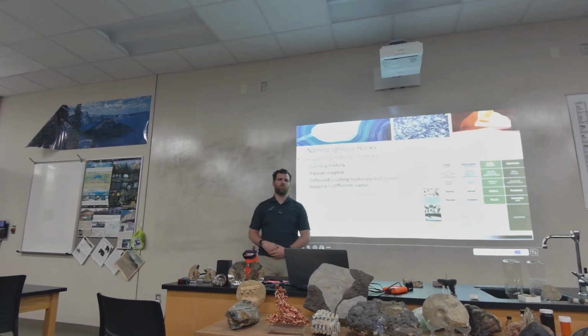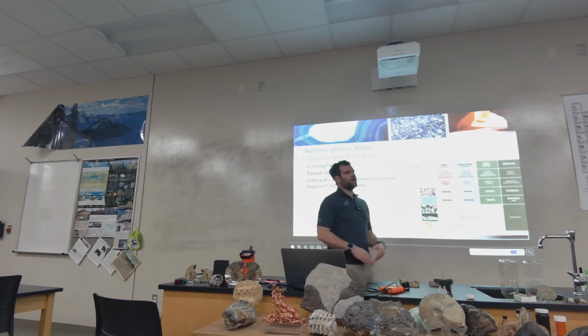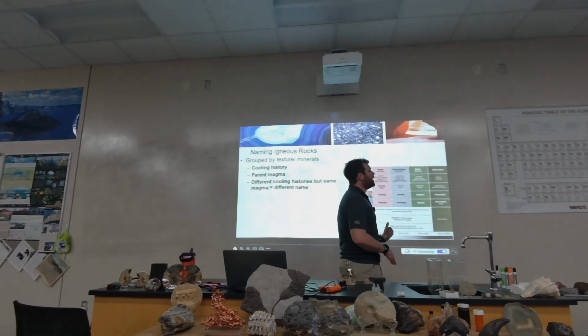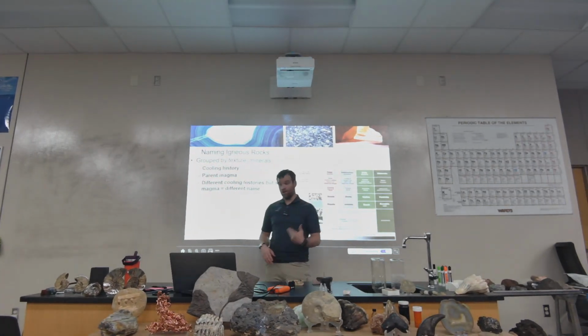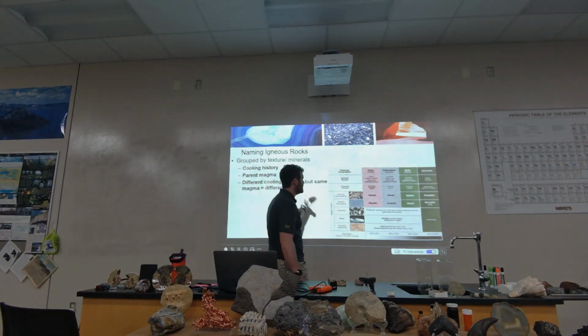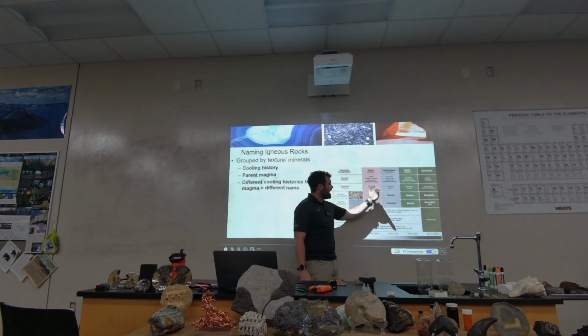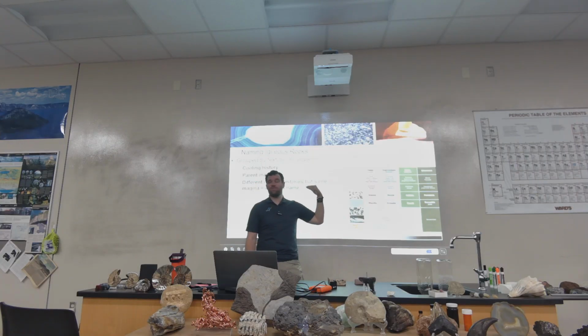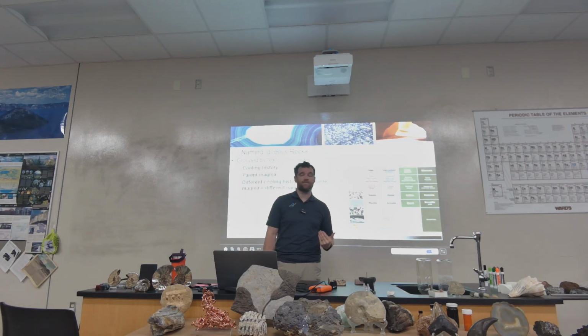We can get all sorts of cool information like that. But as far as figuring out what your actual rock is called, you can take all of these factors together. You can take your texture and your composition, and you can make more or less a flowchart, a grid, along which you can pretty accurately describe what you're looking at and find the answer.